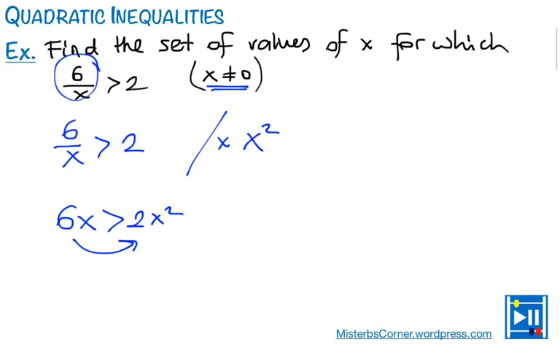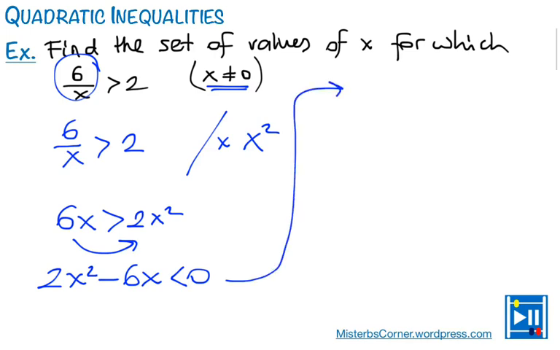Now, taking 6x to the other side, I'm going to have 2x squared minus 6x less than 0. Now I have the quadratic inequality. So, taking 2x as a common factor will give me x minus 3 here, less than 0.